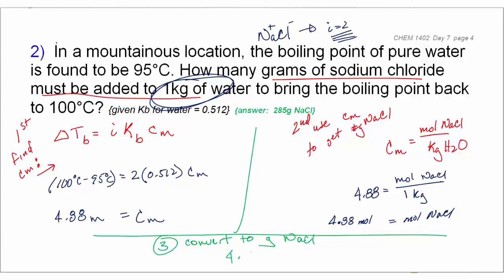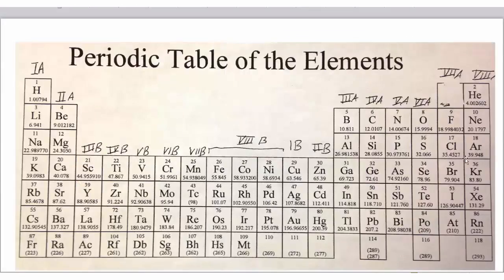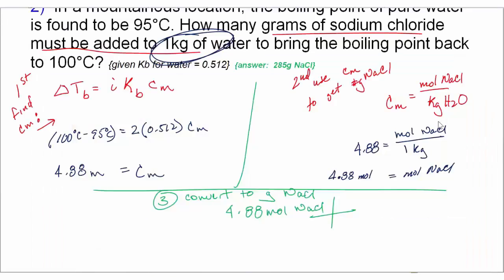We'll have 4.88 moles of sodium chloride. Okay, periodic table. Chlorine is 35.45. Sodium is about 23. So 35.45 plus 23, about 58.5. Looks like it's around 285 grams of salt.